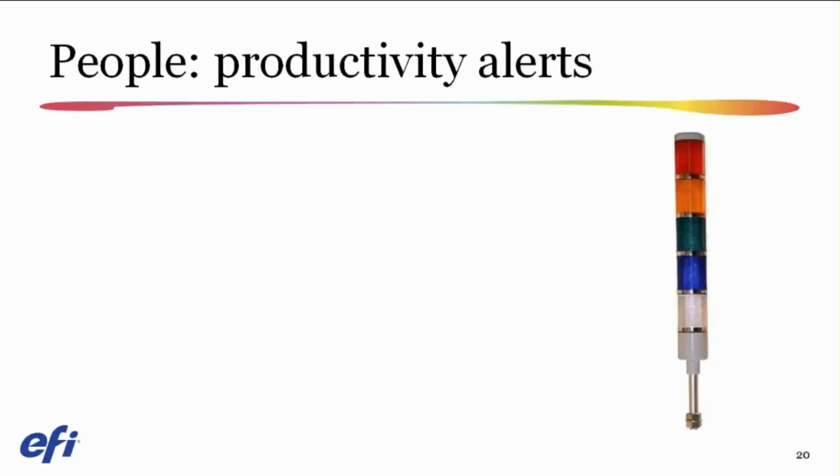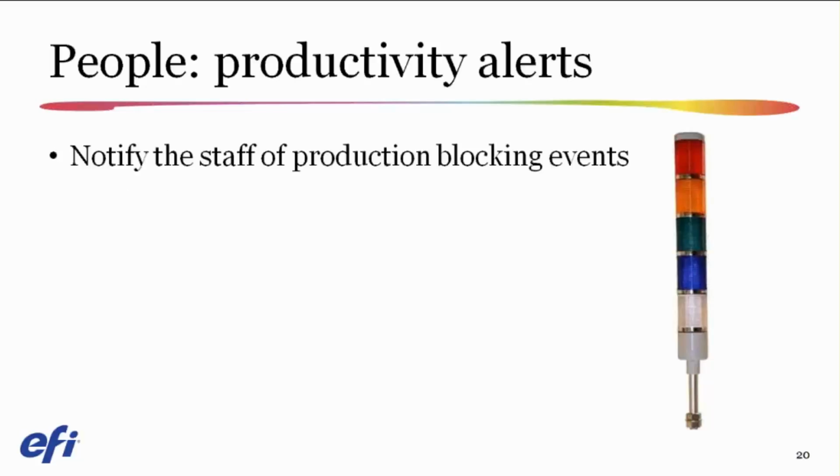So starting with people, the productivity alerts, notifying your staff of production blocking events. The light you see on the right today, I was actually printing something this morning and saw a red light flashing on one of the engines.